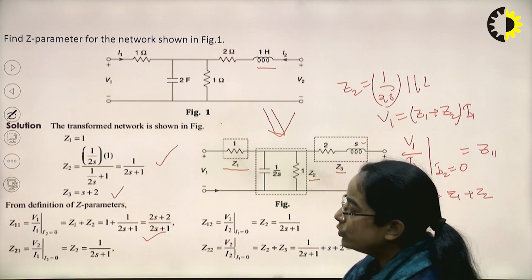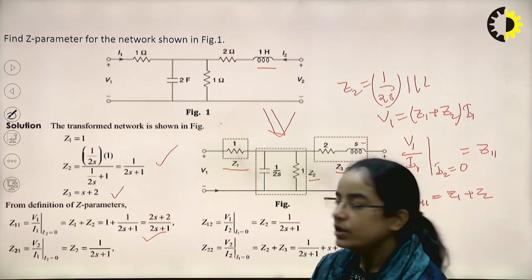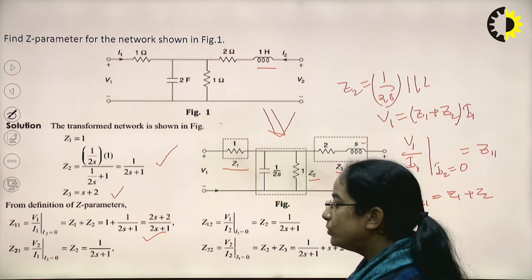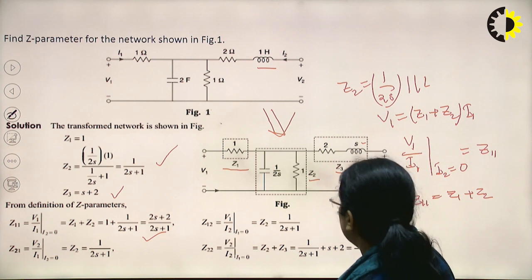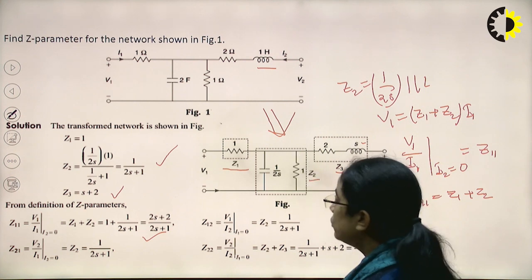Similarly, Z21 is V2 by I1 when I2 is 0. So what is V2 if I2 is 0? V2 is I1 into Z2.